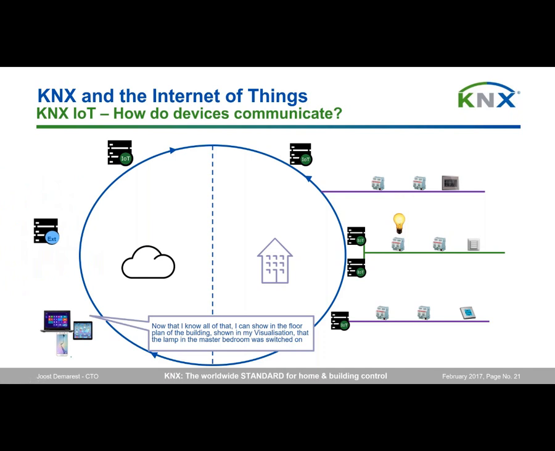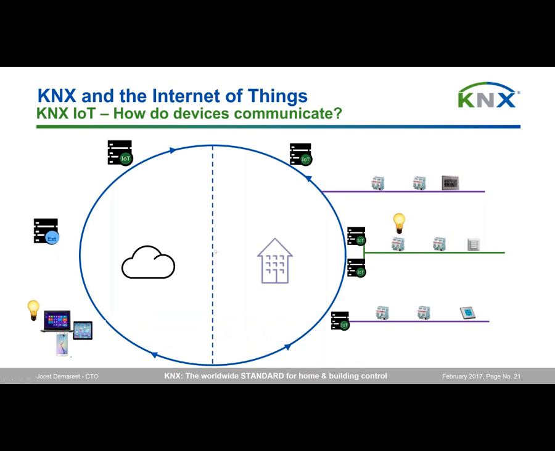So, because it has been informed about all of that, it can now show in the floor plan of the building, in the visualization, that the lamp in the master bedroom was switched on. On this network with capable devices, this message could also be forwarded.